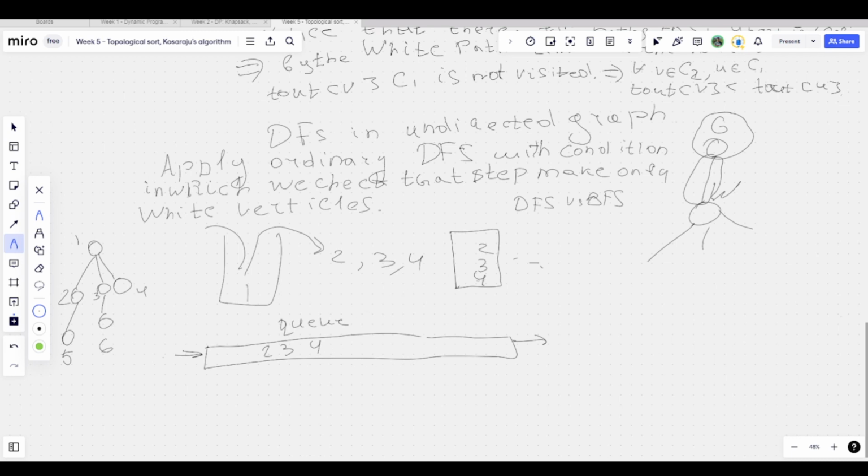For example, we have considered vertex 1, and we put 2, 3, 4 into this queue.